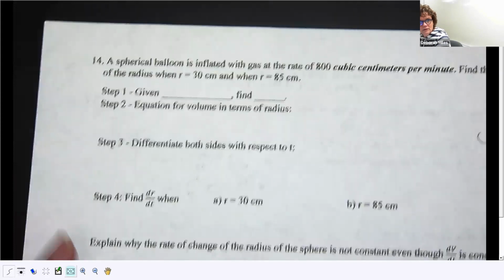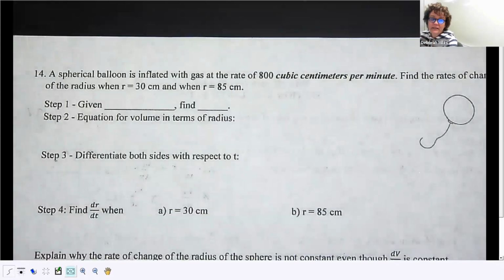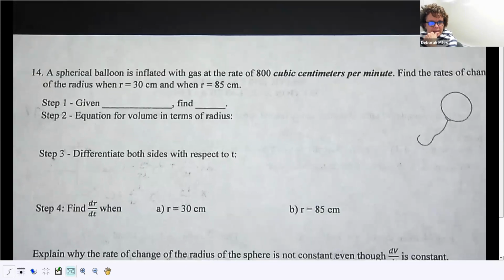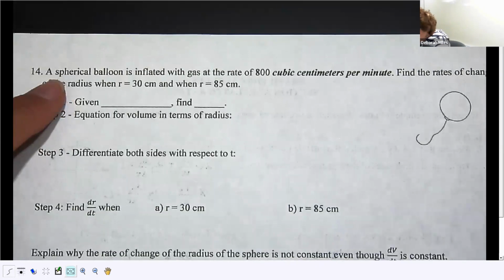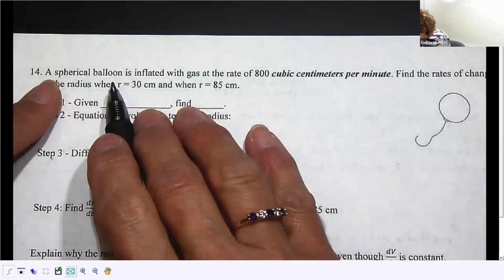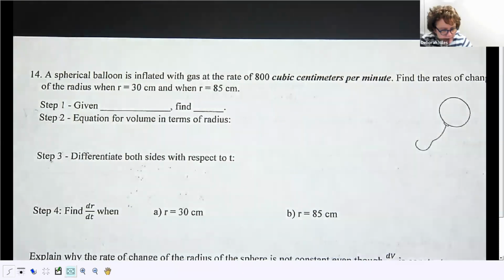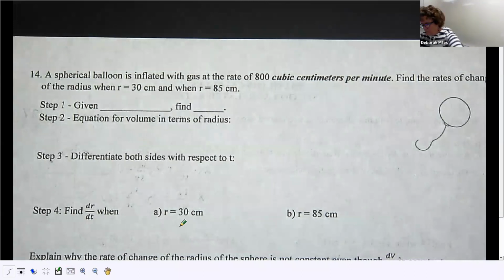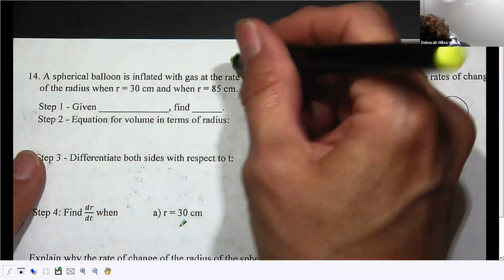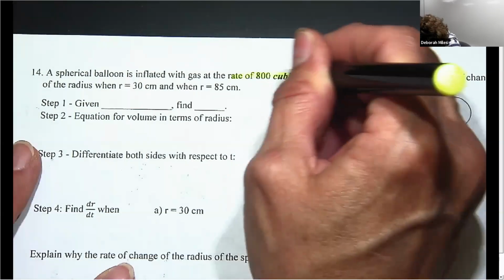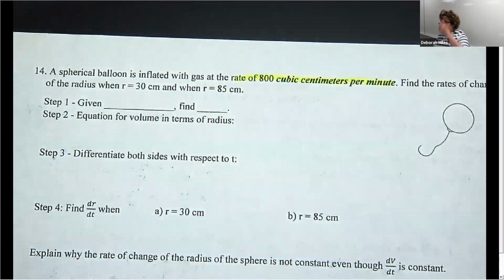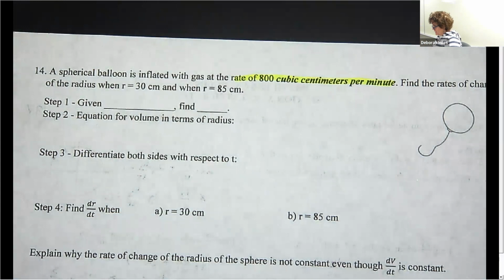Let's start with a simple one. Oh, it is a balloon. Ha, it's a balloon with air leaking out. No, it's a balloon with air being pumped into it. All right, so number 14, a spherical balloon is inflated with gas at the rate, let me get my highlighter here. The fact that that's a rate tells me that that's not just an R or a V, it's a rate, it's something over dt.